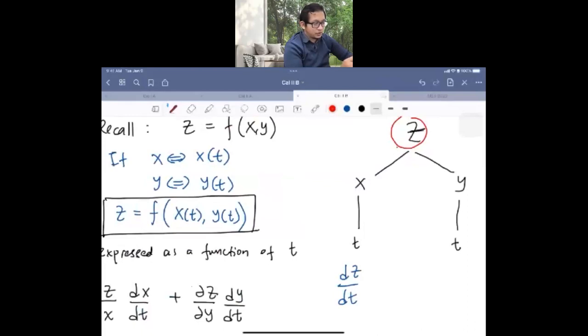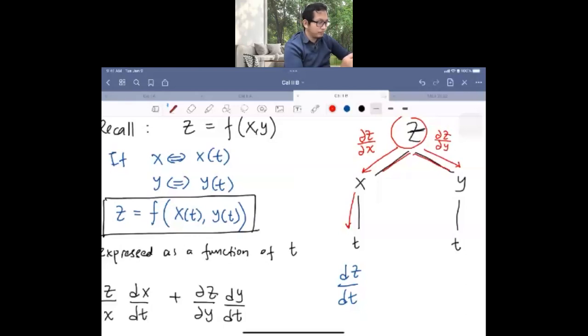First, z going to x and going to t. When z is going to x, we can write ∂z/∂x. So every time we have branches, we need to write, instead of d, the Leibniz notation, usually ∂z over ∂x. And similarly, for y, ∂z over ∂y.